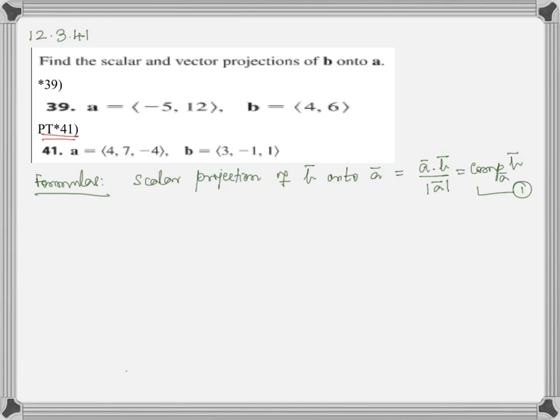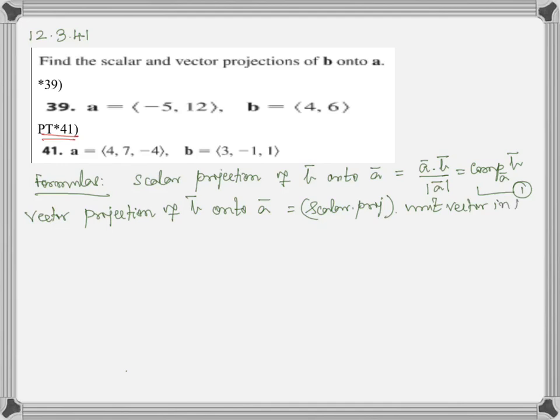Then what is the vector projection? The vector projection of B onto A obviously is a vector. It is nothing but the scalar projection multiplied by the unit vector in the direction of A. So it is the scalar projection multiplied by the unit vector in the direction of vector A, which is A over the length of A. That will be the unit vector.